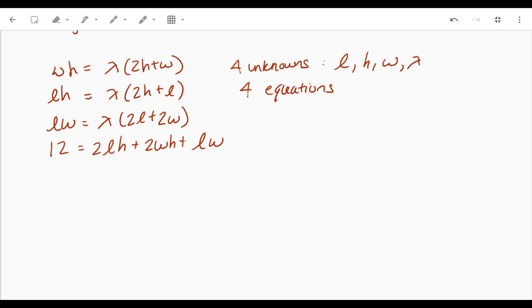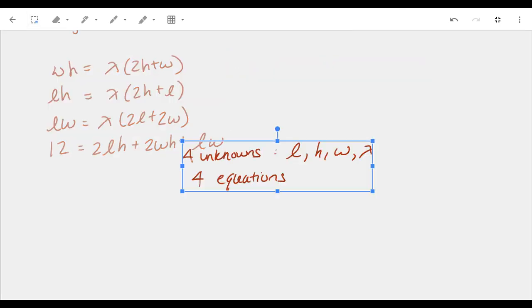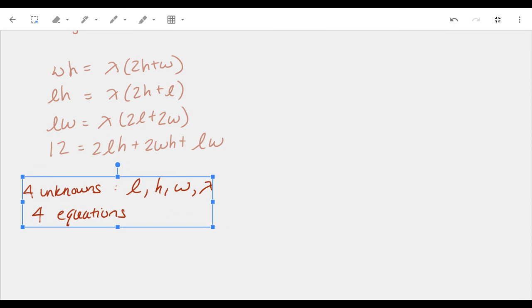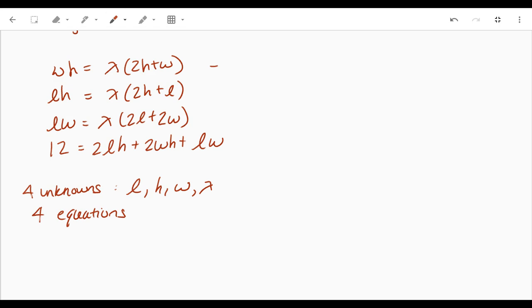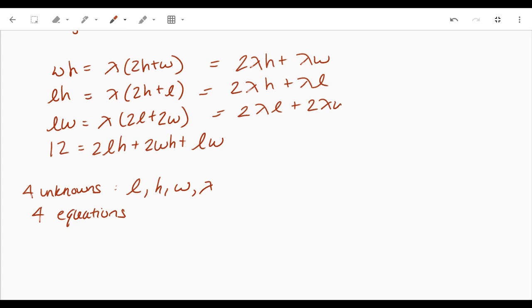Okay, and then I'm going to expand these just a little bit. So 2 lambda H plus lambda W, 2 lambda H plus lambda L, 2 lambda L plus 2 lambda W.